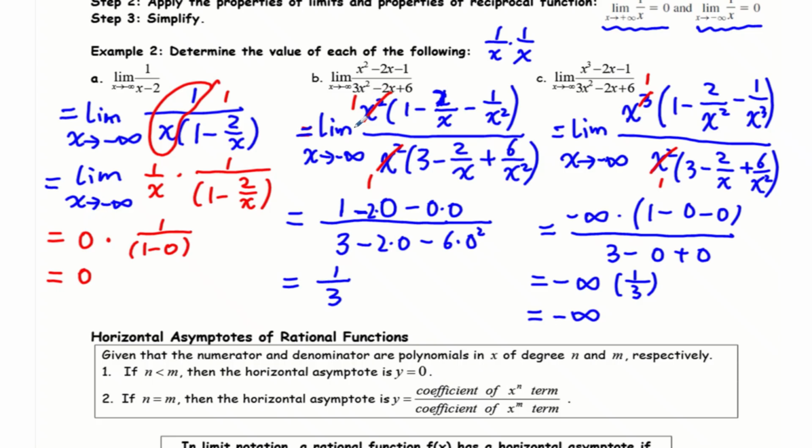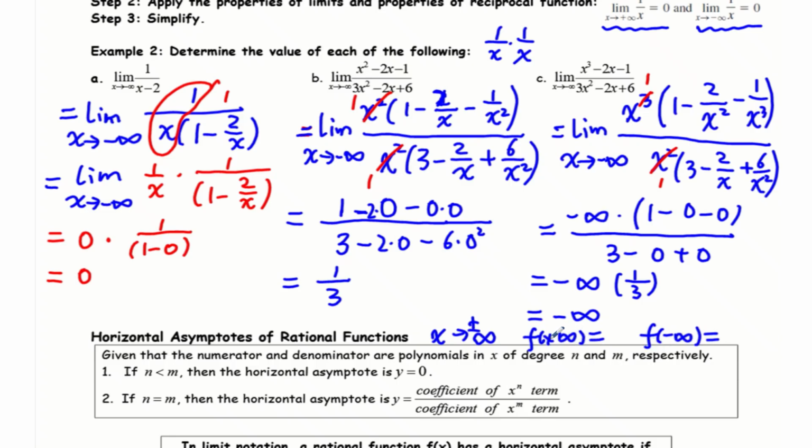So to find the horizontal asymptotes, you just find what happens as x approaches positive or negative infinity, and what the function's value is. That is your horizontal asymptote.